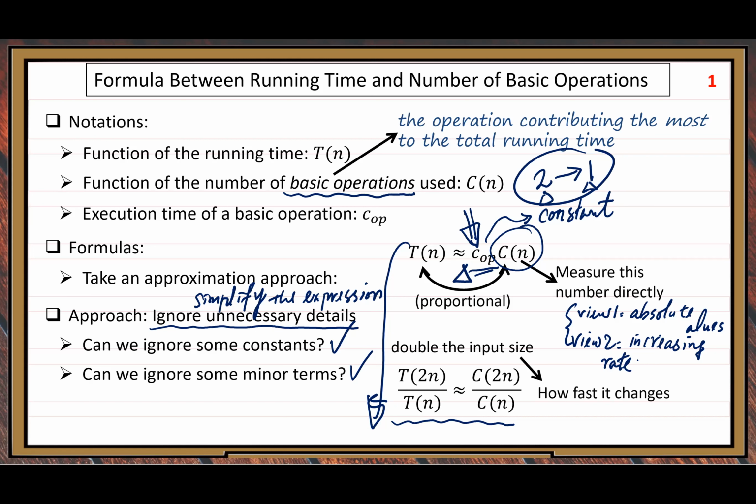So in this special view, we can say that the constant, the coefficient in front of that function of n, could be ignored.